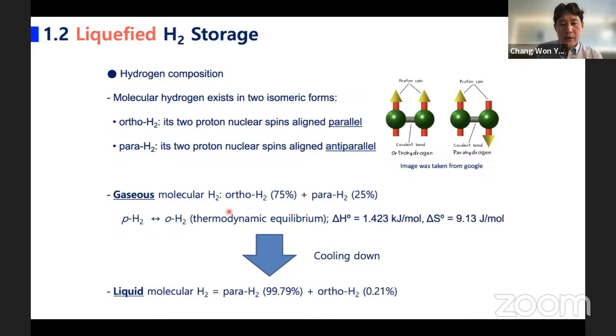If you cool down this hydrogen to make liquid hydrogen, then this composition changes. In liquid molecular hydrogen, the para form is the major form.